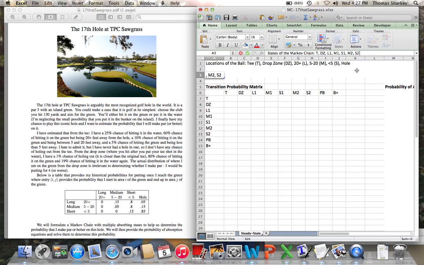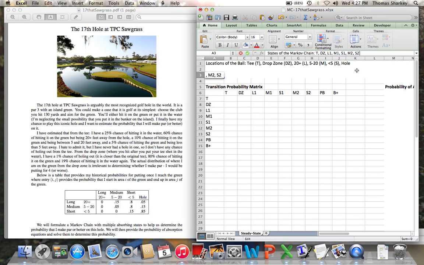And then the thing is, we don't need M3 and S3. The reason why we don't need M3 and S3 is that if I am on the green after hitting 3 shots already, then I know I'm going to make bogey or worse. So if I were to be in state M3, I know that I'm going to be making bogey or worse, so I don't need that.